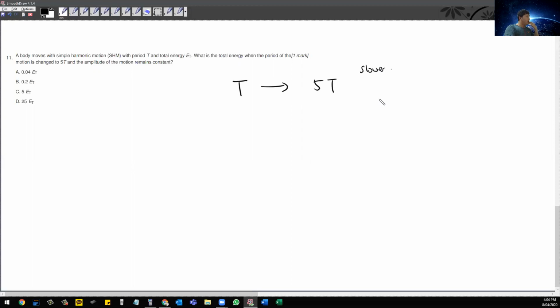And so total energy is equal to how much? Total energy is equal to half m omega squared x naught squared, right? Now we know that omega is equal to 2 pi over t, and it's also square root of k over m, isn't it?